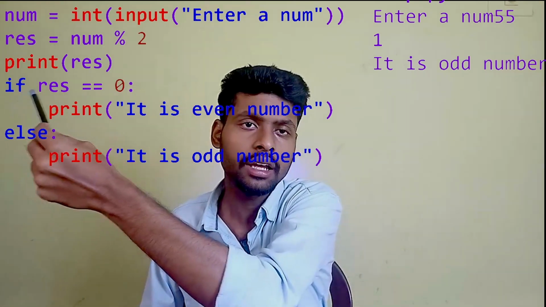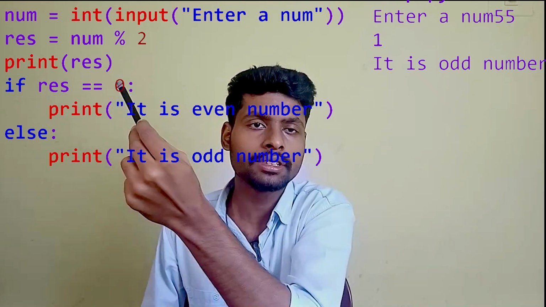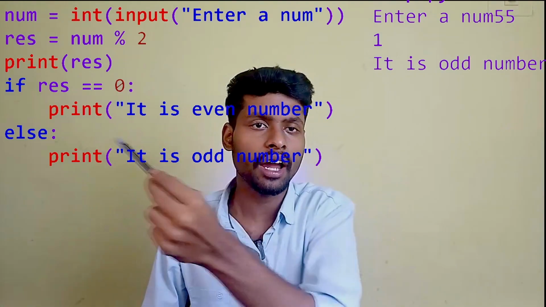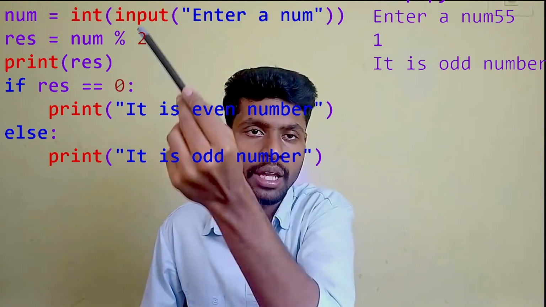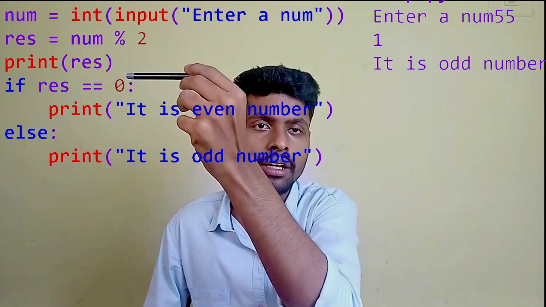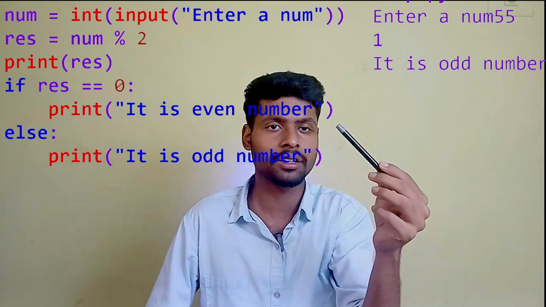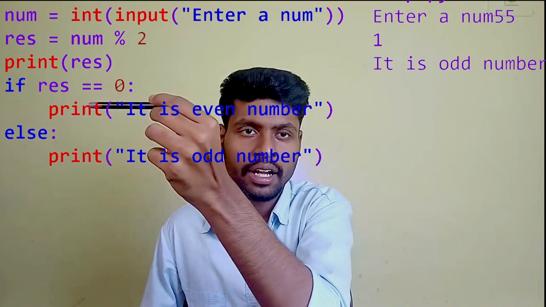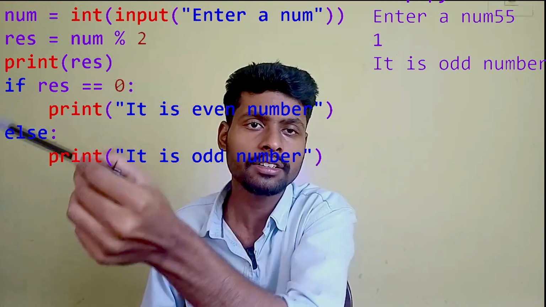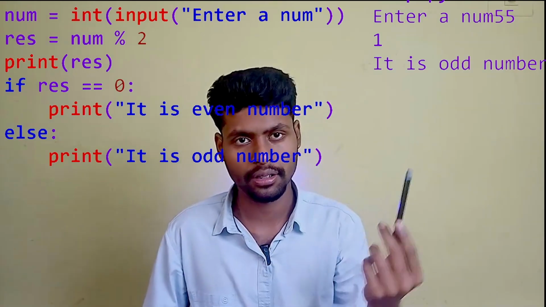Using the if statement, if the remainder value is equal to 0, then it is an even number, so I print even number. If the remainder value is 1, then this condition is false, so our Python interpreter goes directly to the else part without executing this print function, and the else print function executes: it is an odd number.